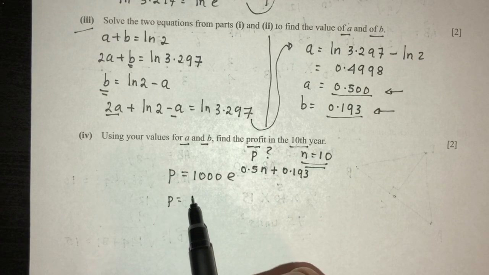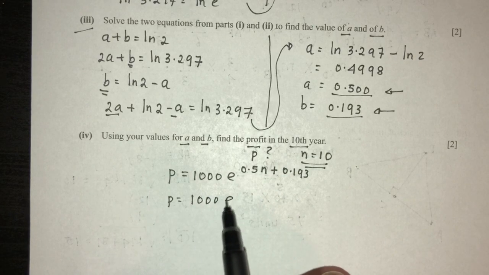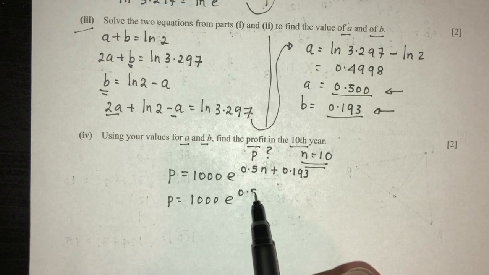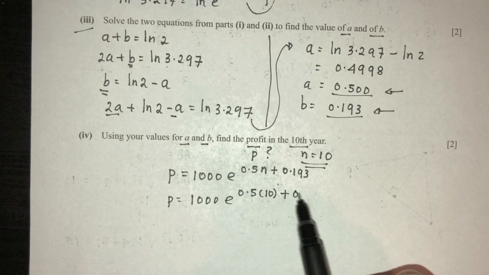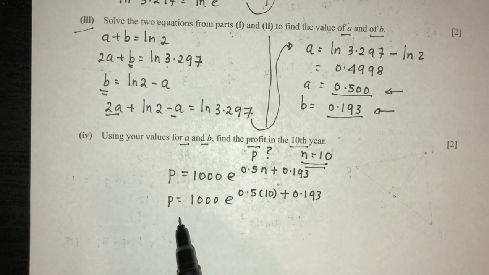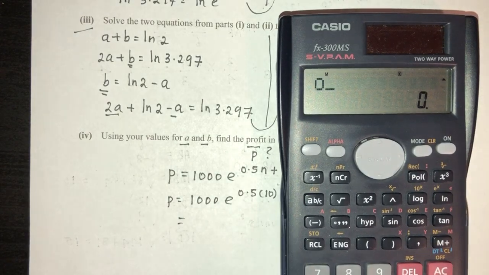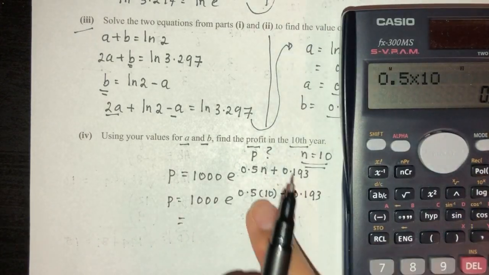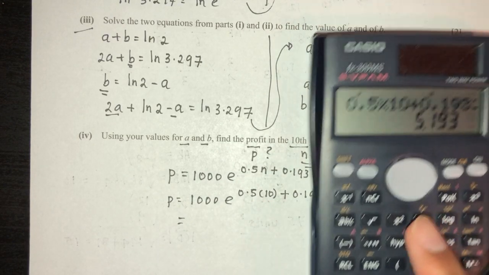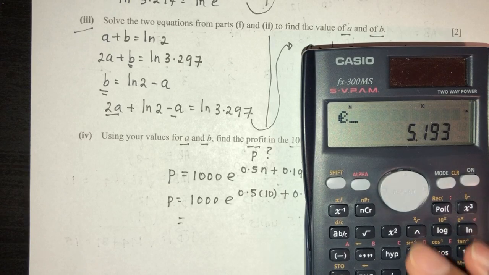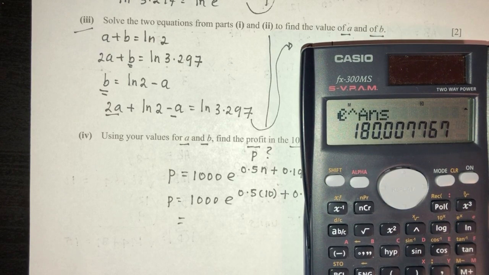So P will be 1000 exponential of 0.5 times n, which is 10, plus 0.193. Let's solve. So 0.5 times 10 plus 0.193, the exponential of this value, times 1000.